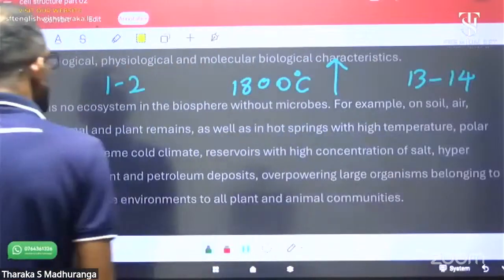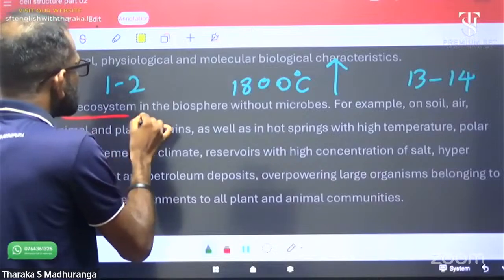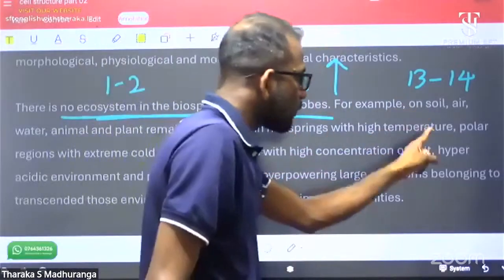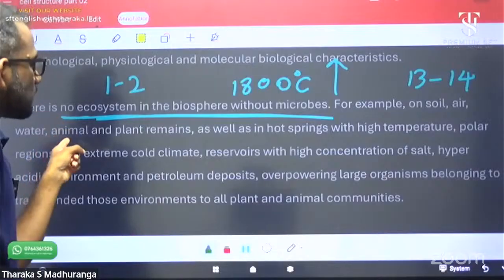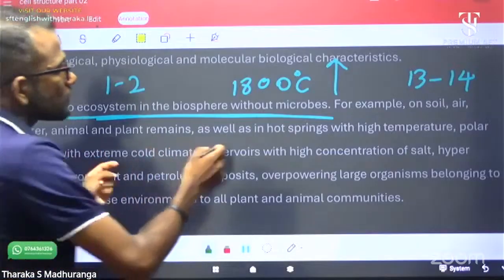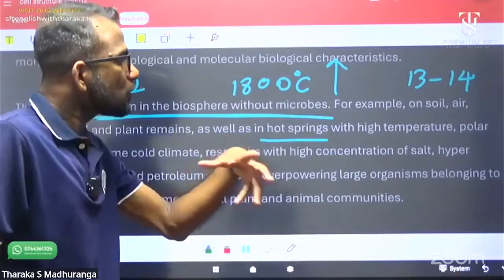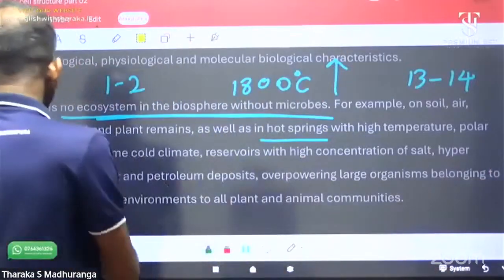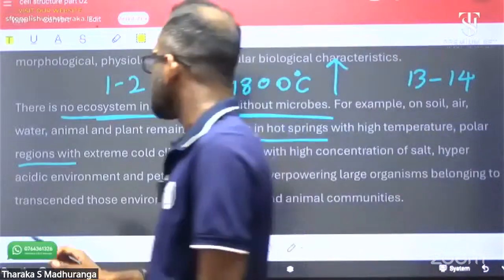Okay, there is no ecosystem in the biosphere without microorganisms. Why? For example, soil, air, water, animals, on the animal body and inside the animal body, as well as hot springs. Hot springs mean hot water wells with high temperature, and polar regions mean glaciers. Inside glaciers also microorganisms are living, right?